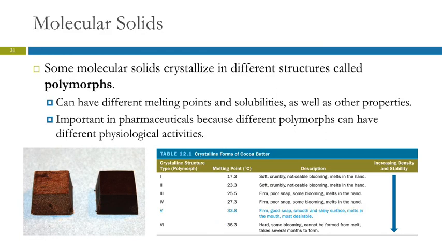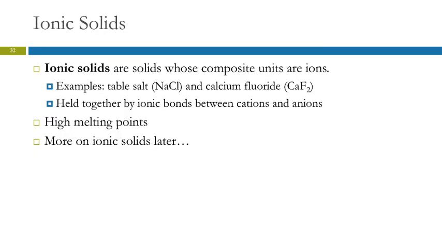And then there's another one that can take several months to form, and you can't form it from melted chocolate. So there's a science to making chocolate, and it has to do with how the cocoa butter molecules arrange themselves as they form a solid. So those are molecular solids.